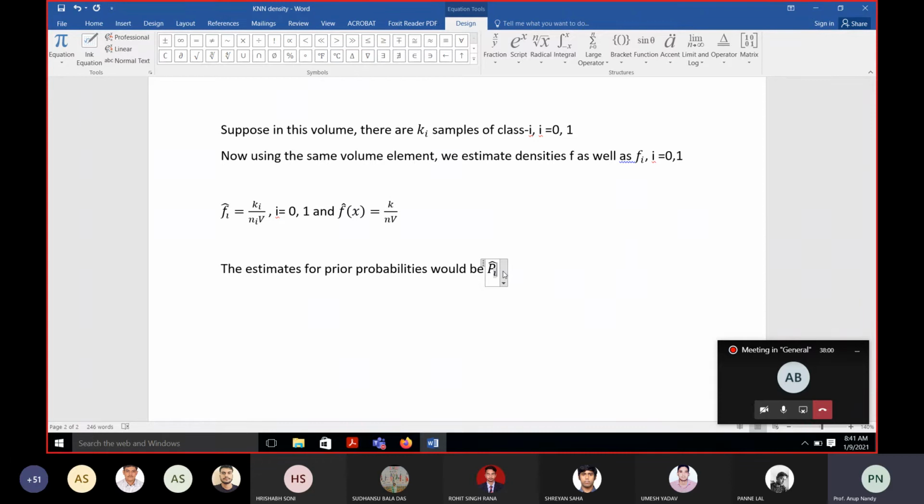What will be this pi hat? Anyone? Hello? What will be this prior probability?